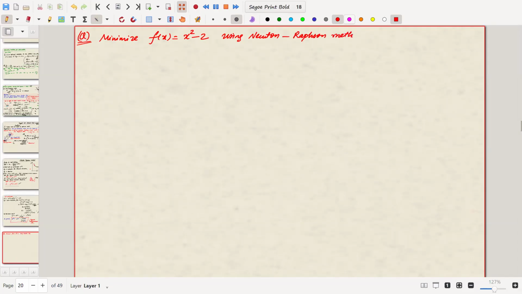So what do we need? You need an initial guess. What should be the initial guess? It's up to you. Take the initial guess, this is x naught, and make a table: x naught, f prime at x0, f double prime at x0.